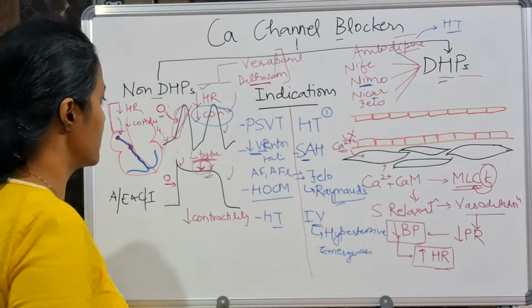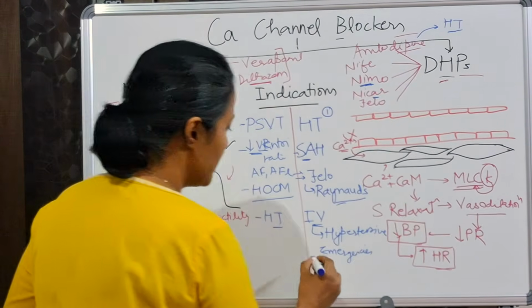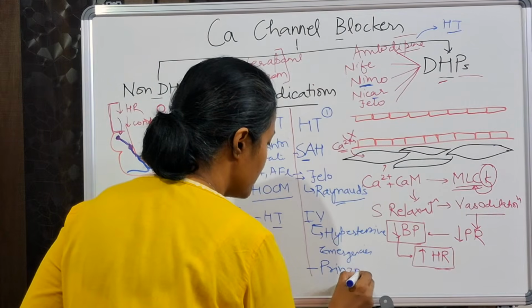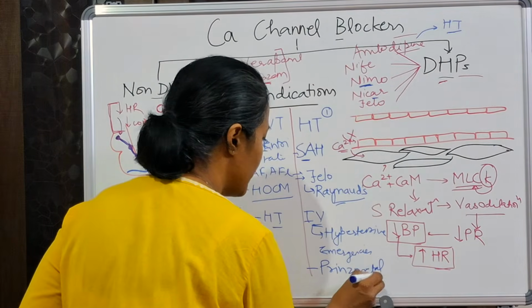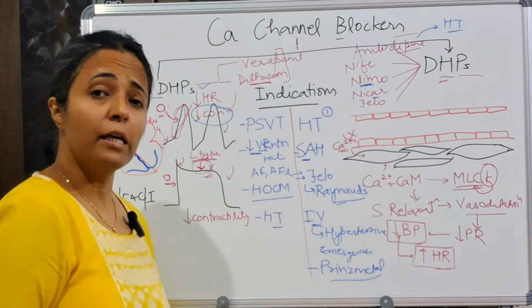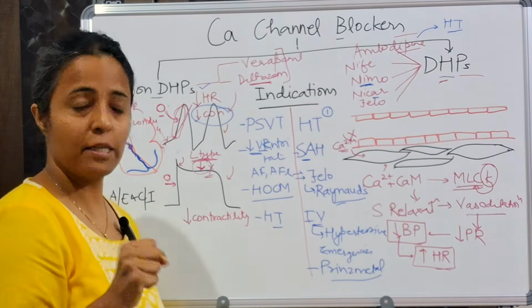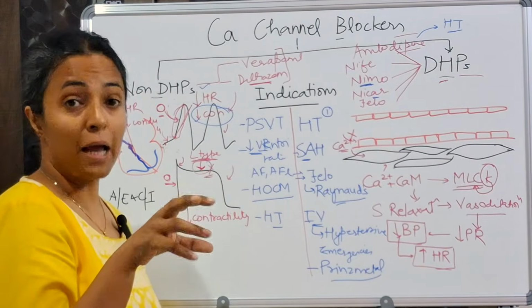for the arrhythmias. Then these CCBs are also used for Prinzmetal angina. What is Prinzmetal angina? This is the variant angina. That is, the angina occurs due to vasospasm of the coronary vessels, not because any plaque has formed.